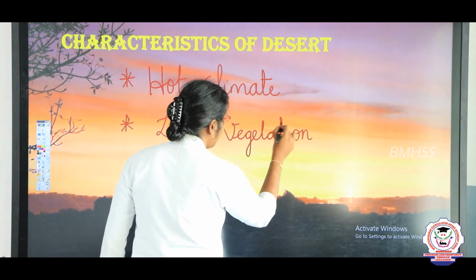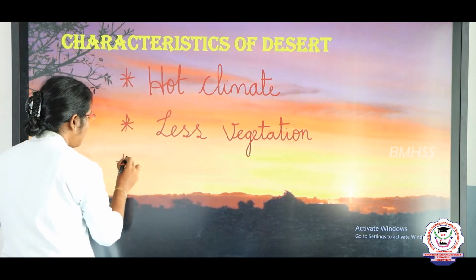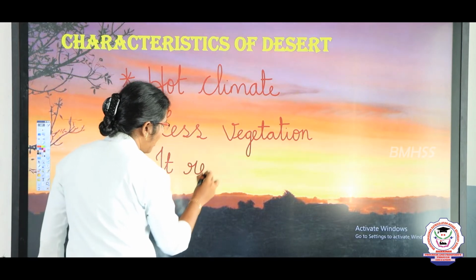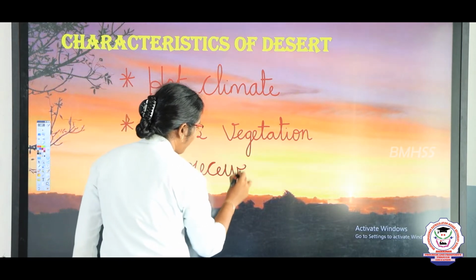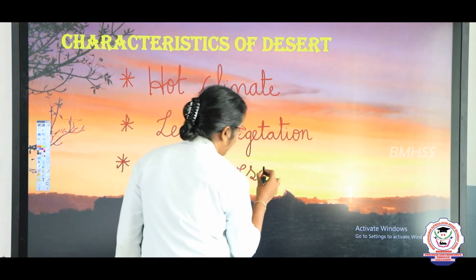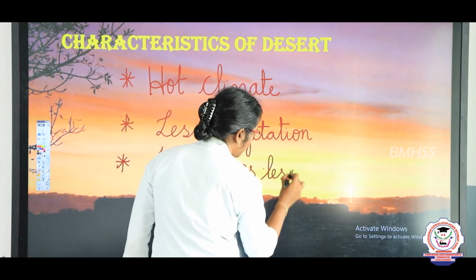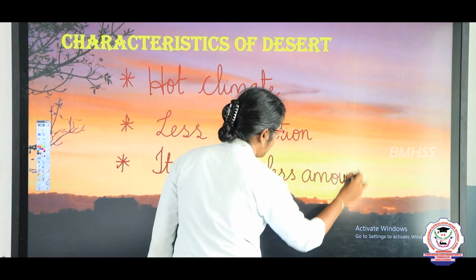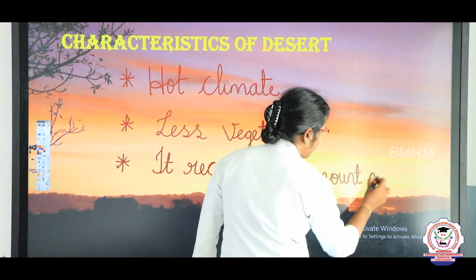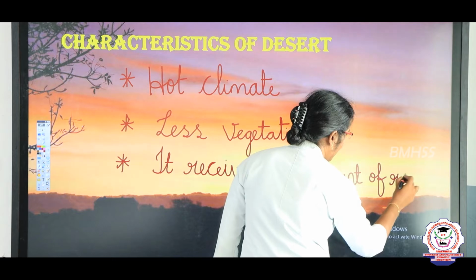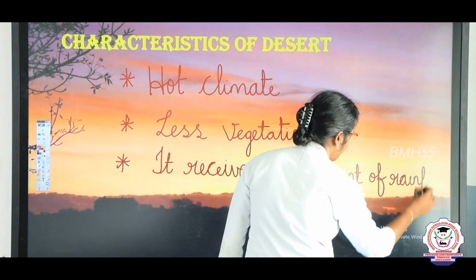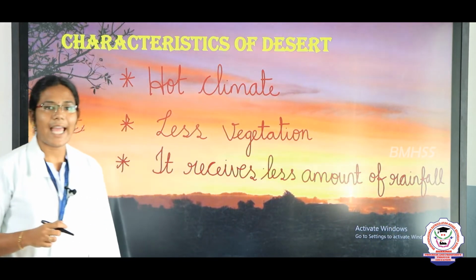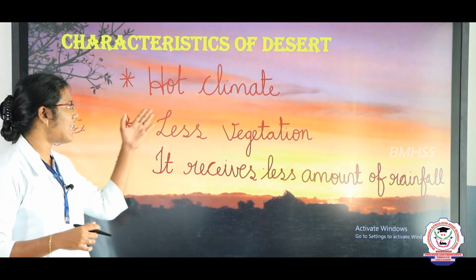It has less vegetation and it receives less amount of annual rainfall. A-M-O-U-N-T, less amount of rainfall, R-A-I-N-F-A-L-L.